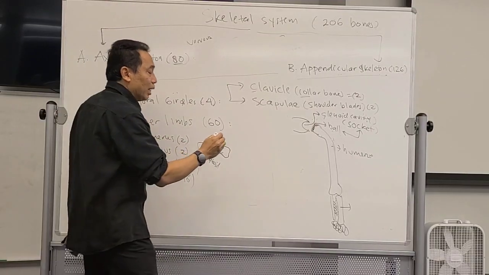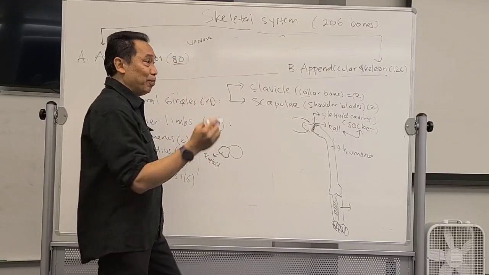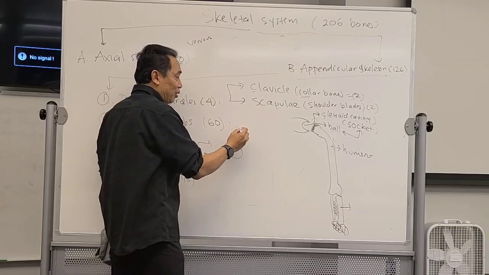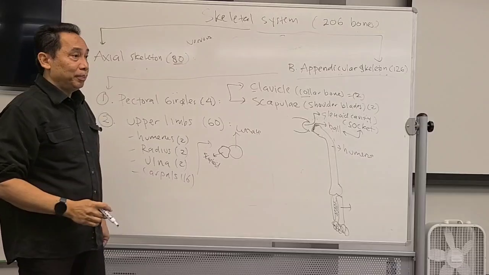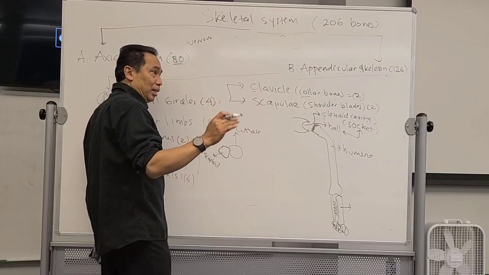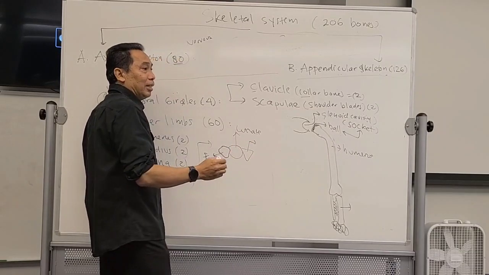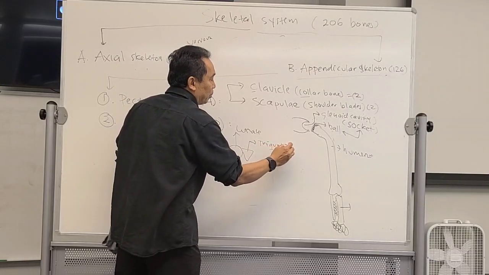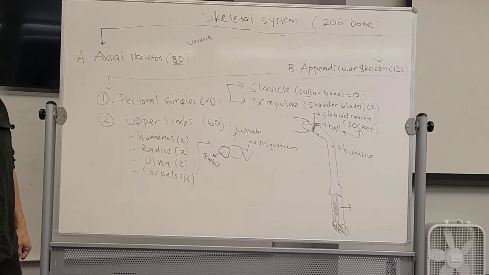The second one looks like a moon. Moon in Spanish is luna. So lunate. And then after that, there is a bone that has 3 sides like that. Therefore, it's called triquetrum. You with me?